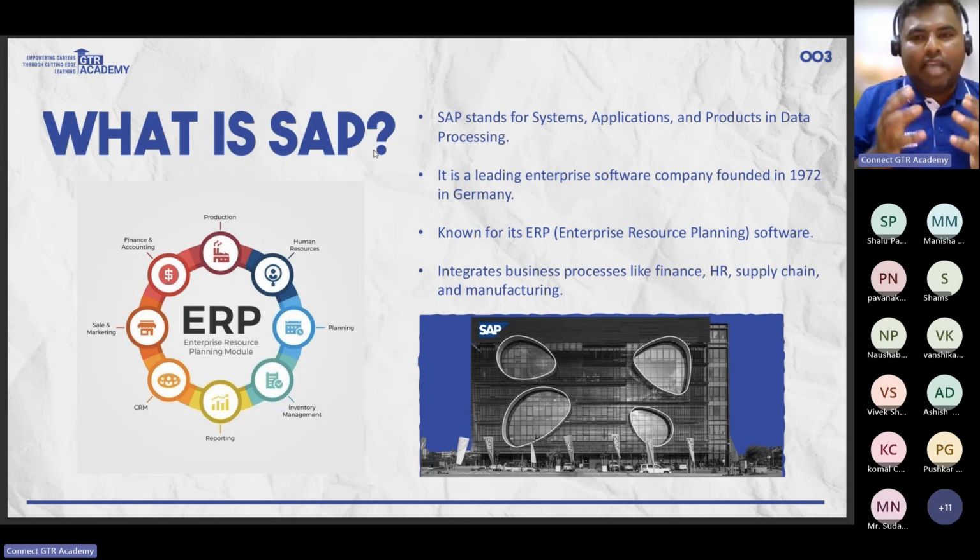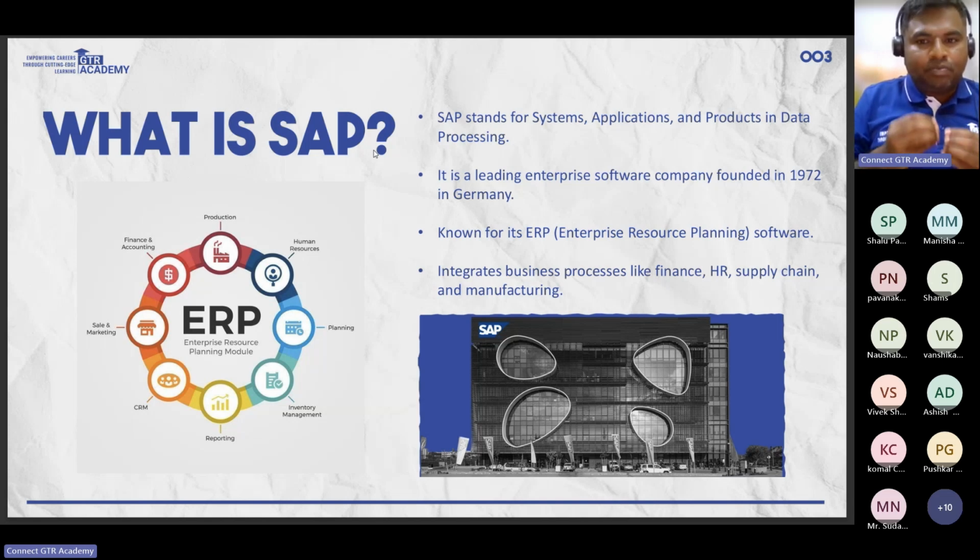Finally, it helps the CEO take decisions from a data-driven information point of view. So SAP plays a very important role in decision making, such as how to expand or restructure my business.